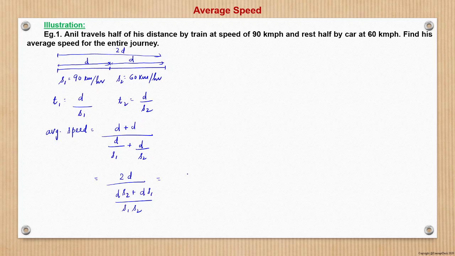This we can simply write as 2d into s1 s2 in the numerator upon d times (s1 plus s2). D cancels out, so what remains is 2 s1 s2 upon s1 plus s2. This is a very standard result. It can be remembered because it is very easy.